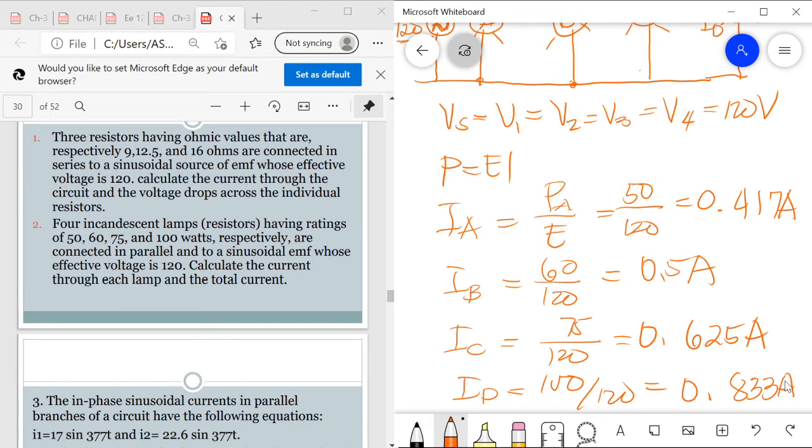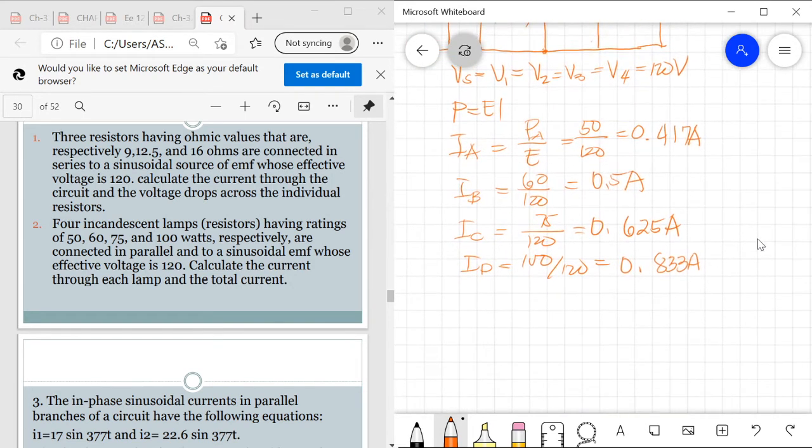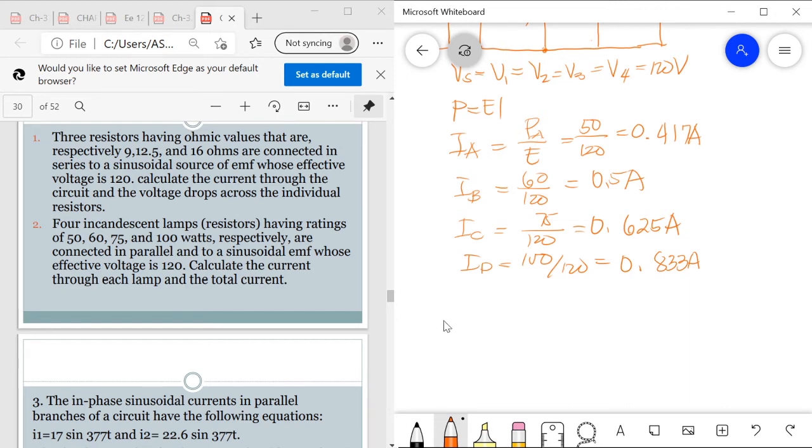Total current will just be the sum of currents IA, IB, IC, and ID. Basic DC circuit. So, total current IA plus IB plus IC plus ID equal to 2.375 amperes.